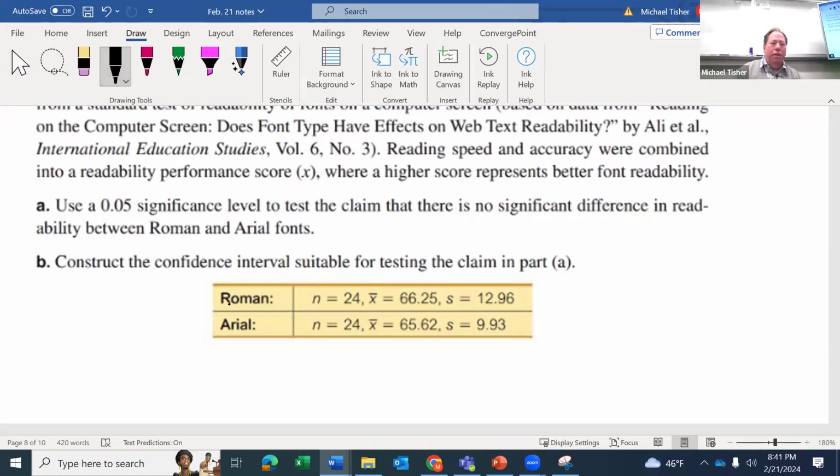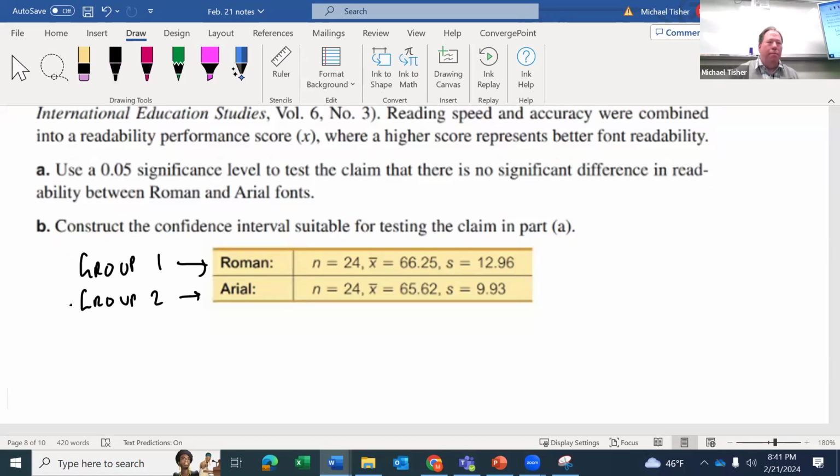Since we have two different samples here, the Roman sample and the Arial sample, we're going to keep it straight by identifying which one is group 1 and which is group 2. You don't have to do this in StatCrunch because it'll lay it out for you, but it's still good to know which is group 1 and which is group 2. We're going to use the same kind of hypothesis test checklist as before.